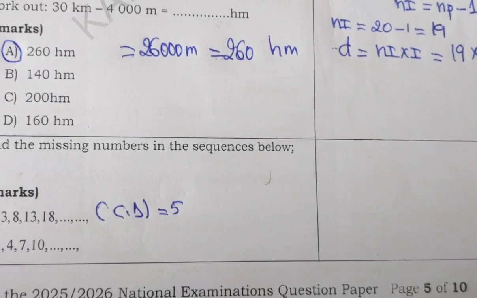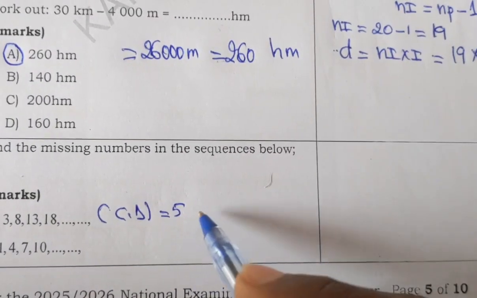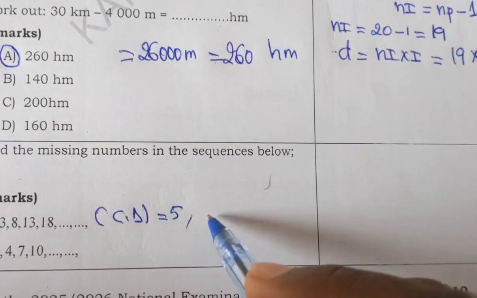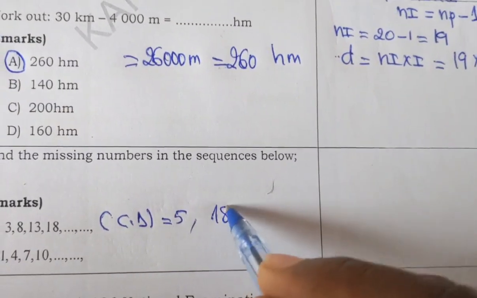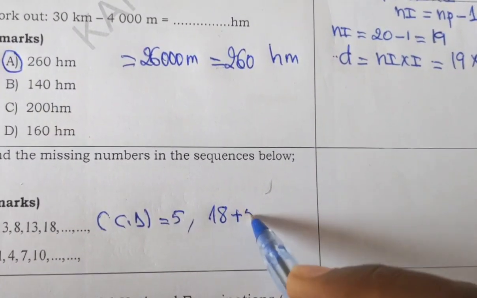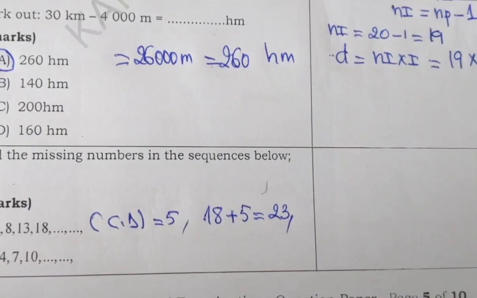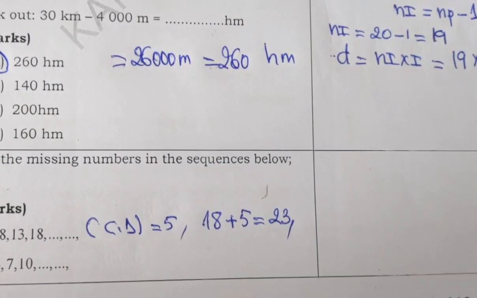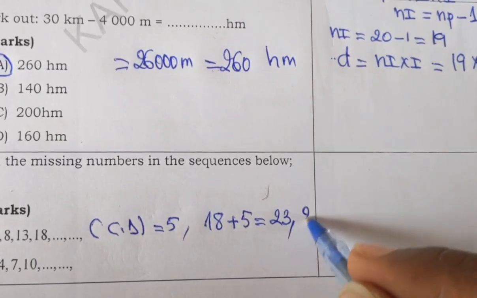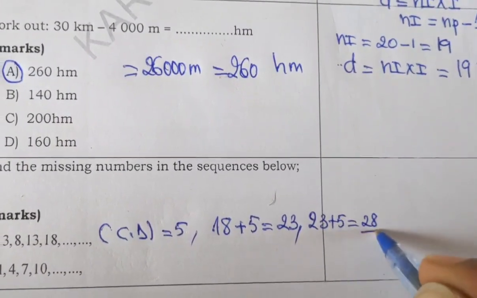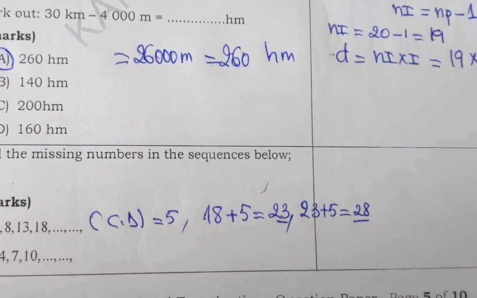And then to find the next two numbers, I'm going to be adding 5 each time. Here the next number becomes 18, then plus 5 becomes 23. Then is the 15 number, and then here 23 plus 5 becomes 28. Then to mean the missing numbers here are 23 and 28.